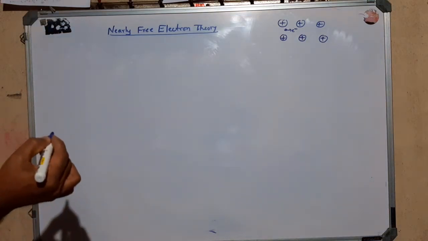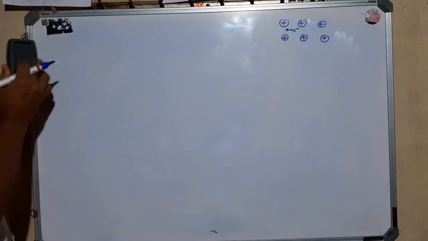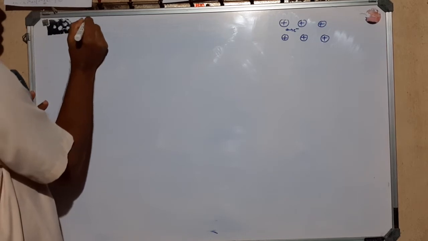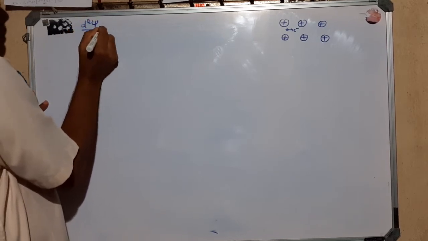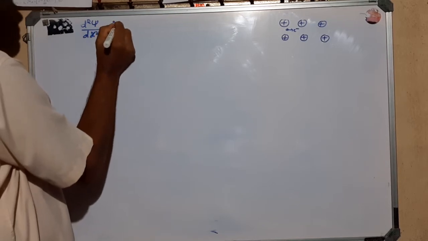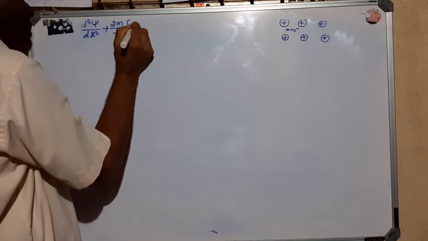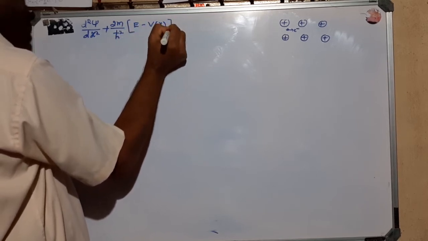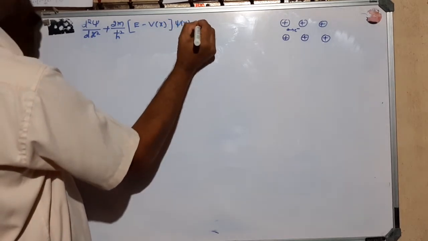So for simplicity, let us consider the one-dimensional Schrodinger wave equation, that is d²ψ/dx² + (2m/ħ²)(E − V(x))ψ(x) = 0.